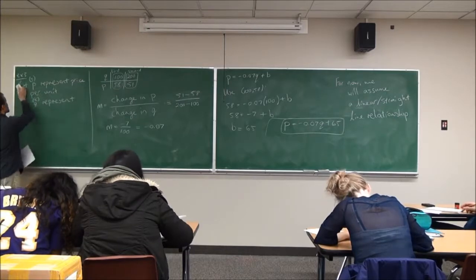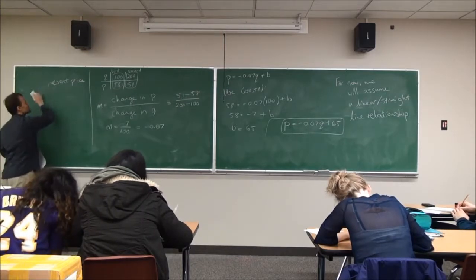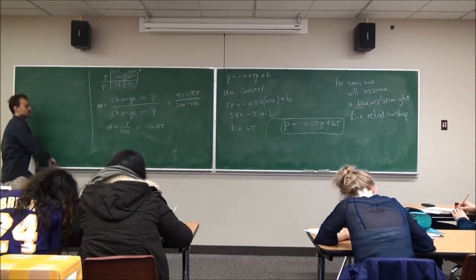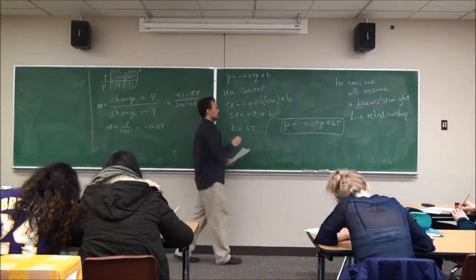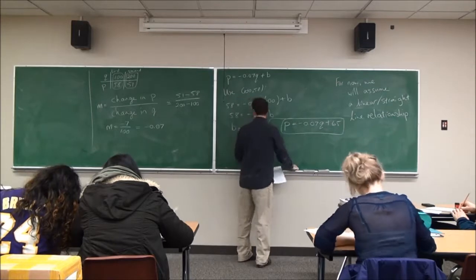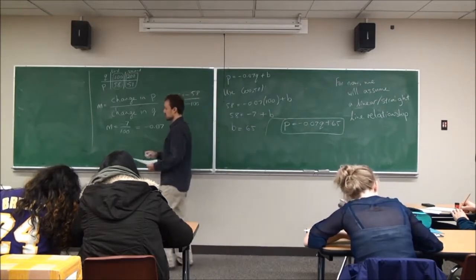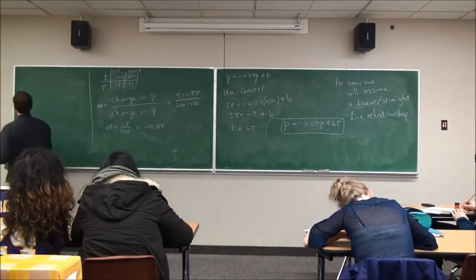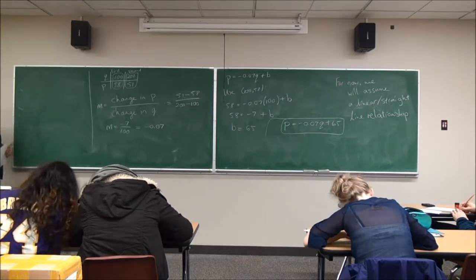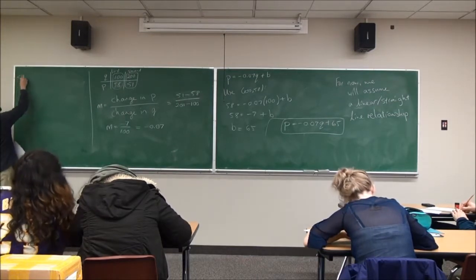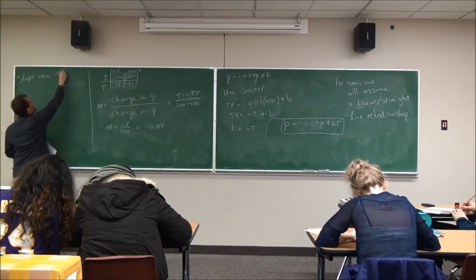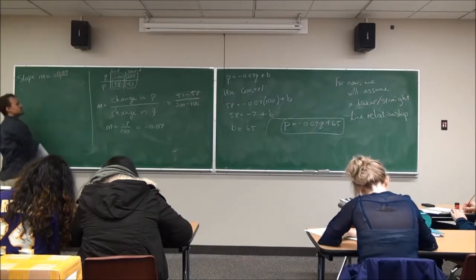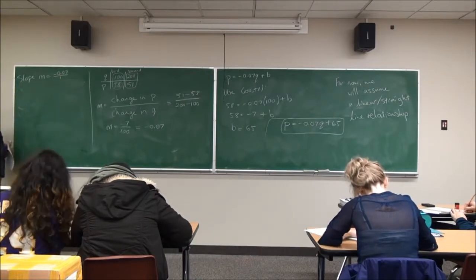But a much more valuable skill is to look at this equation and interpret how the price and the quantity actually change relative to each other. That's all in the slope. It's all in the slope. So the slope m is negative 0.07 over 1. What does that mean?